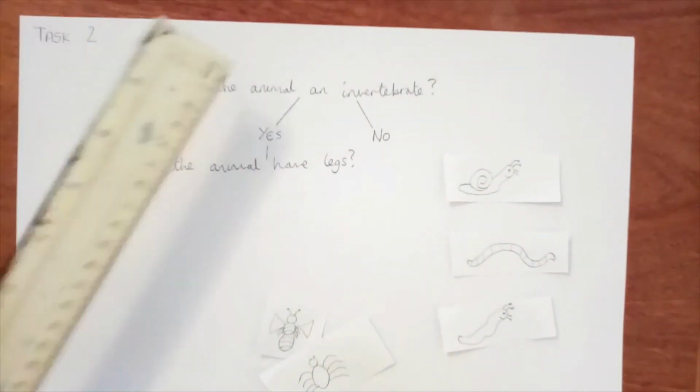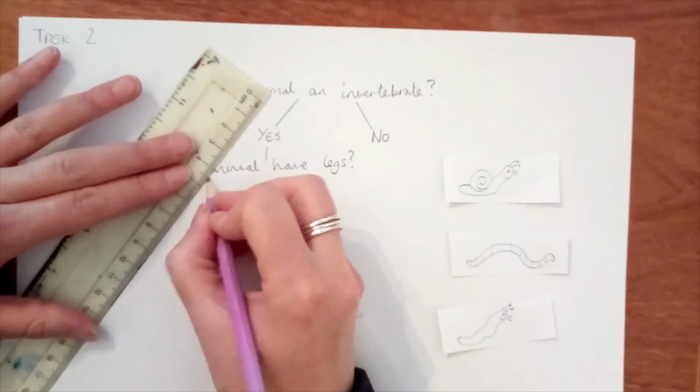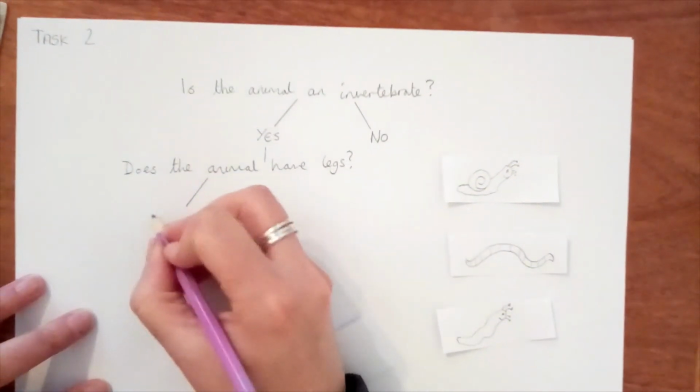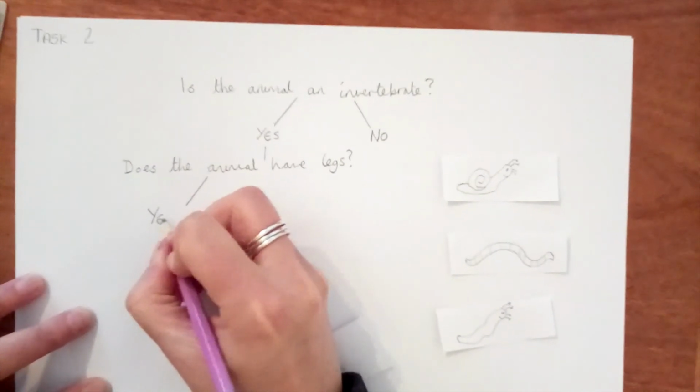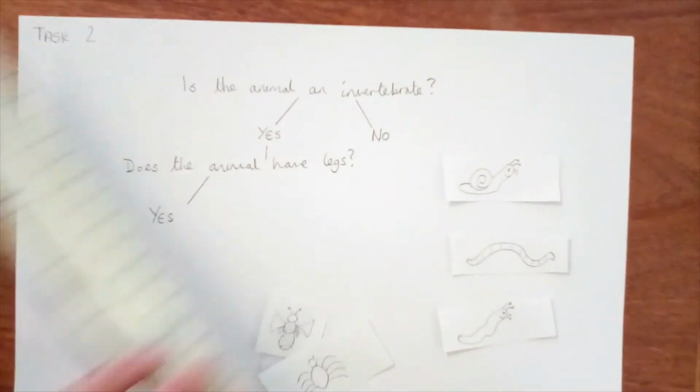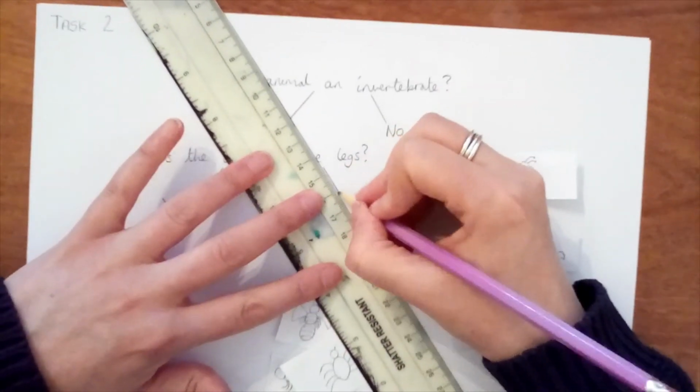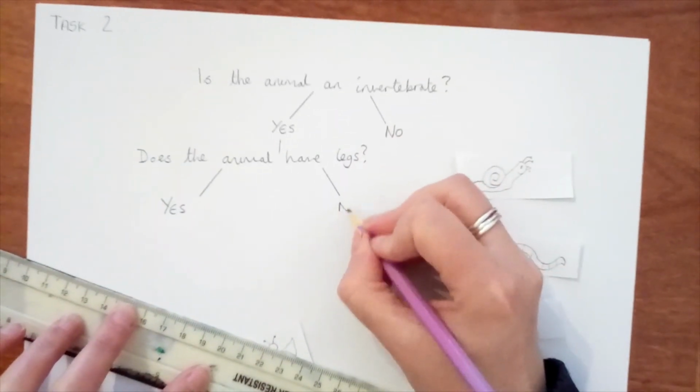And again, there'll be two answers. So two branches of my tree coming off here. I've got a yes, it does have legs. And I've got a no, it doesn't have legs.